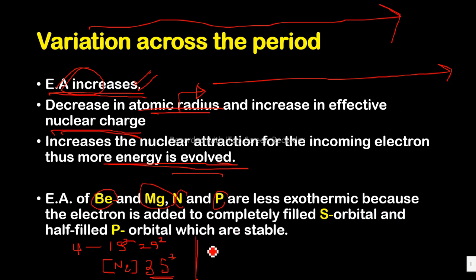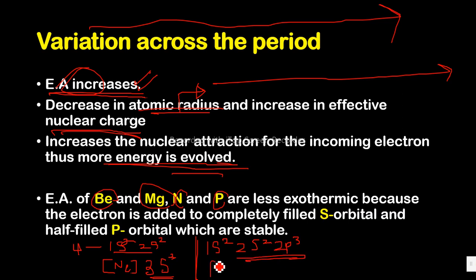With nitrogen, it is going to be 1s2, 2s2, and then 2p3. This is nitrogen. So my aim is on the outermost configuration.